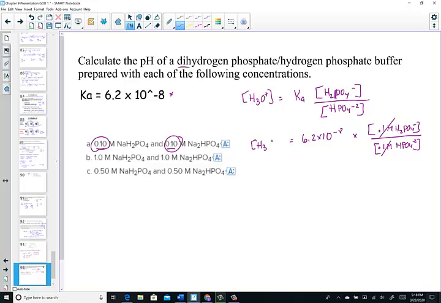So if this is the hydronium ion concentration, pH would be negative log of the Ka. I'll hit that for you. Negative log of 6.2 E negative 8.